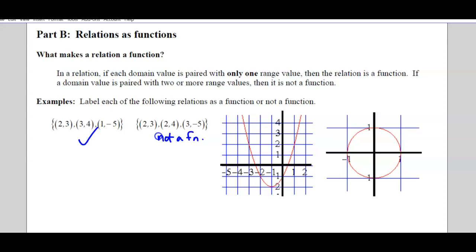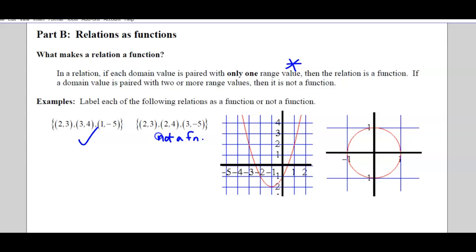The definition is: for every domain value there is only one range value. Looking for repeated x values helps you determine if it's a function or not.